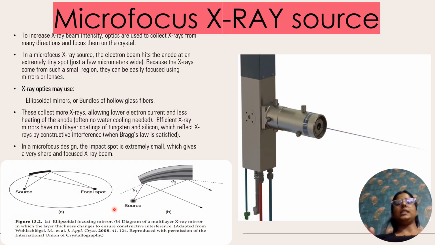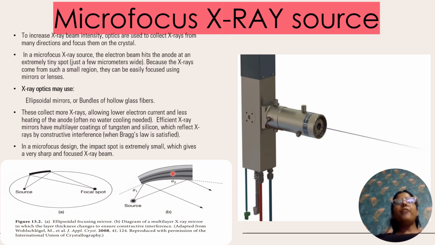increasing the beam intensity. Now, for the bundle of glass fibers, these are capillary optics, tiny hollow tubes that channel the X-ray through total external reflection towards the crystal. Why? Because each capillary acts like a light guide, combining the multiple reflections to deliver more X-rays in one direction.